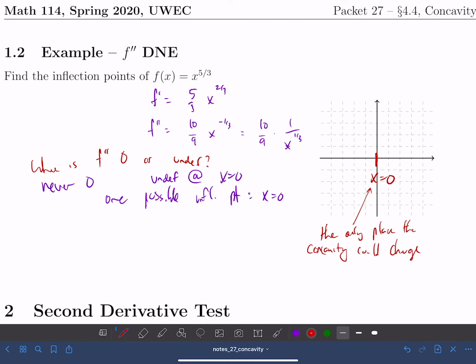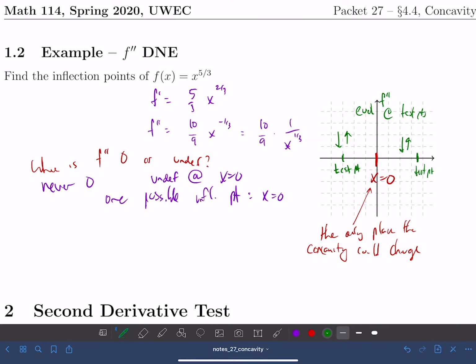It can't change anywhere else, which means I can do what I did for the first derivative test and say take some test point over there, and all I have to do to label as down or up is evaluate f double prime at those test points because that determines the concavity.